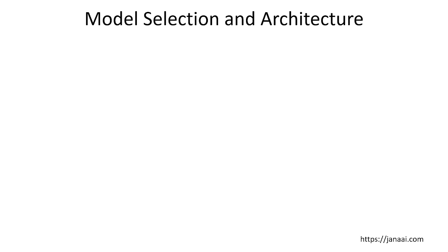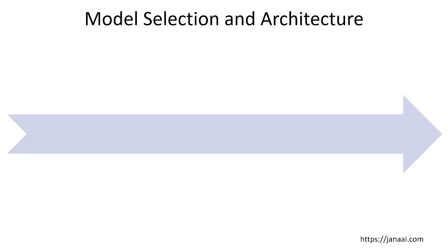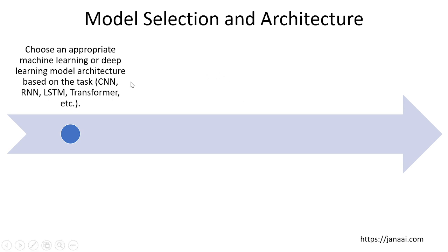Once your textual data has been converted after tokenization from text to numeric, a vector in a multi-dimensional or continuous space, and your data is ready as a numerical vector, then we'll select the model. There are different types of models. Choose an appropriate machine learning or deep learning model.